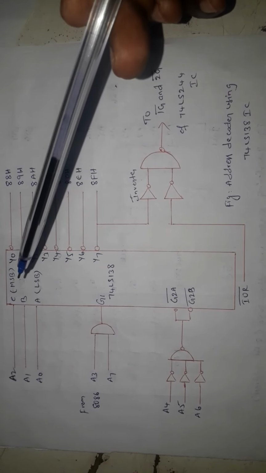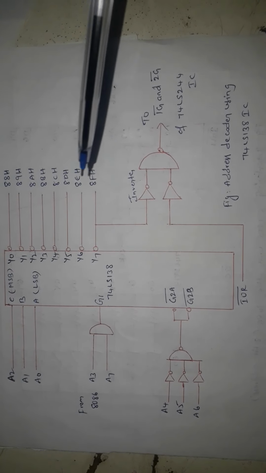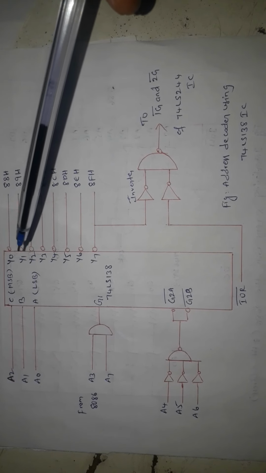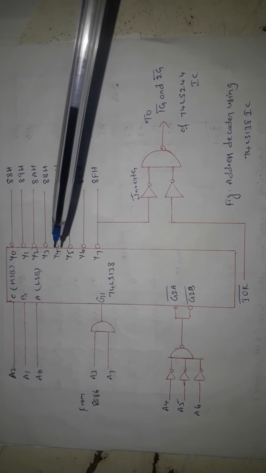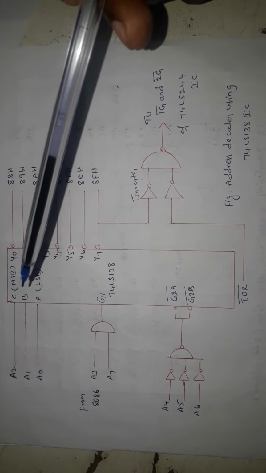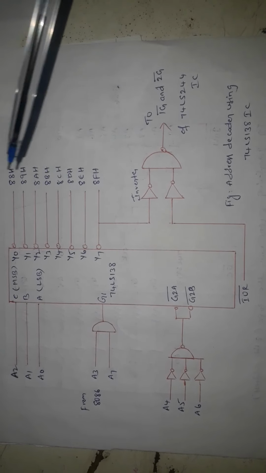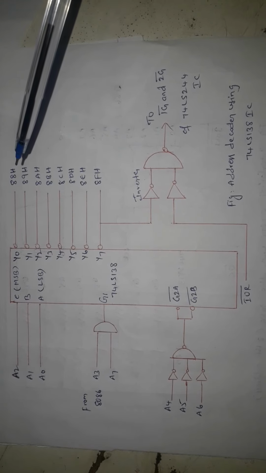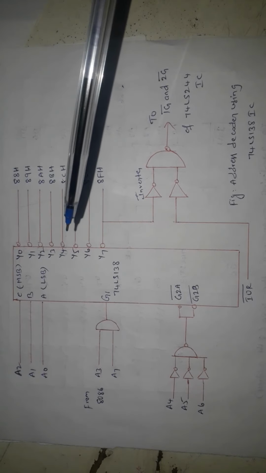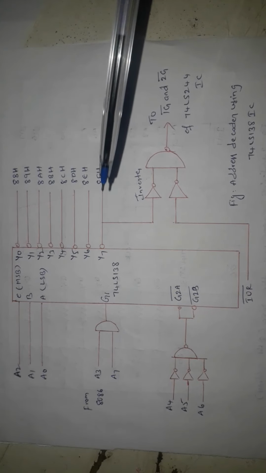The 74LS138 decoder is a 3x8 decoder with 3 inputs and 8 outputs. It has 3 inputs A, B, C, and 8 outputs Y0, Y1, Y2, Y3, Y4, Y5, Y6, Y7. All the outputs are connected to and represent addresses. That is, Y0 represents address 88, Y1 represents 89, Y2 represents 8A, Y3 represents 8B, and likewise Y6 represents 8E and Y7 represents 8F.